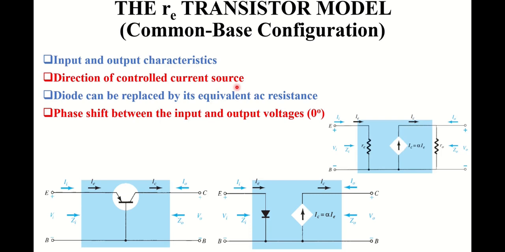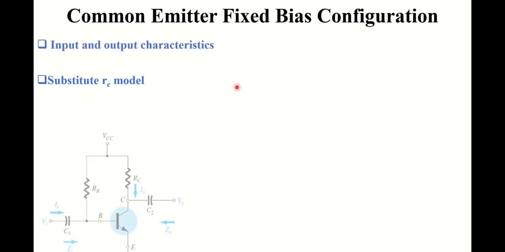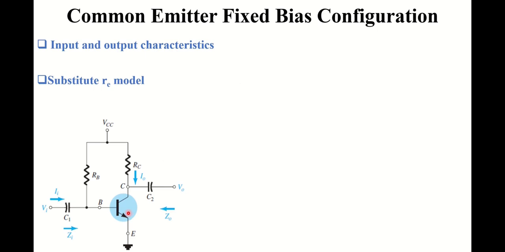Now we have discussed all the transistor models for the most basic configuration of BJTs. We are in a position to discuss various networks of BJTs for the AC analysis based on these models. The first configuration to be analyzed is the common emitter fixed bias network as shown in figure, in which the input voltage is applied to the base of the transistor and the output voltage Vo is associated with the collector terminal.